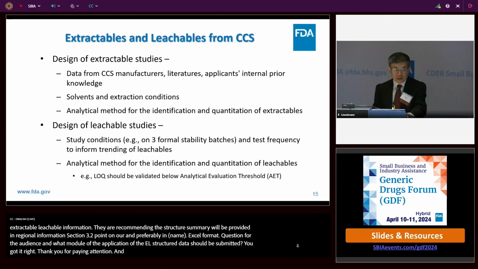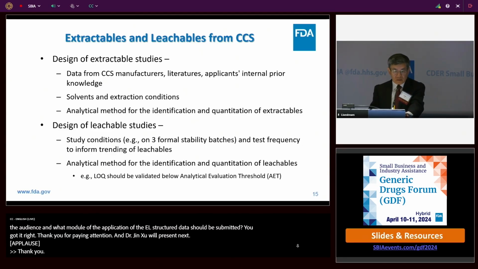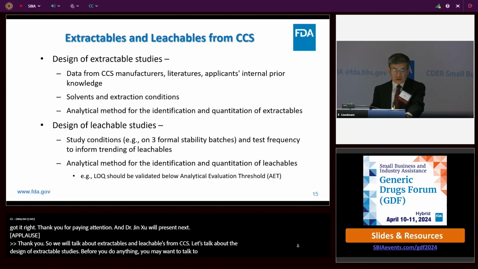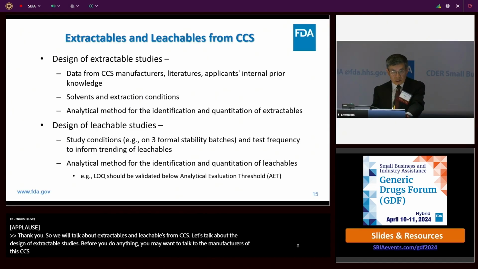Thank you, Chris. So let's switch gears to extractables and leachables from the container closure system, CCS. Let's talk about the design of the extractable study first. So before you do anything, you may want to talk to the manufacturers of the CCS. Ask them if they have performed any extractable study already on the CCS they are selling to you.